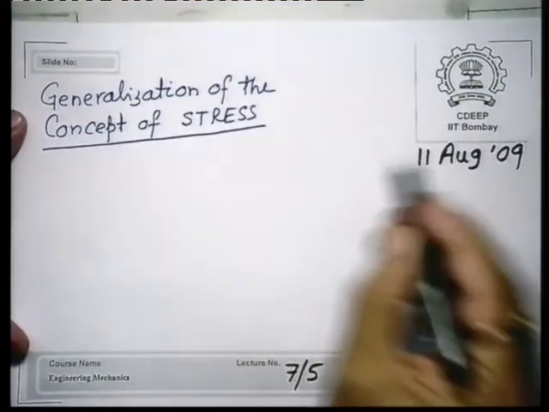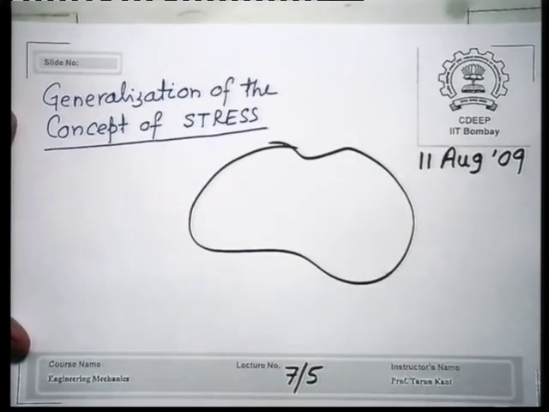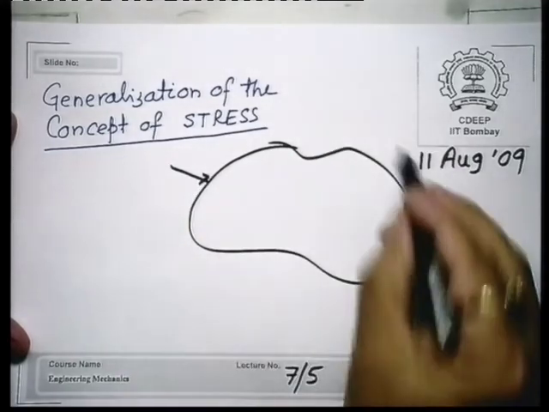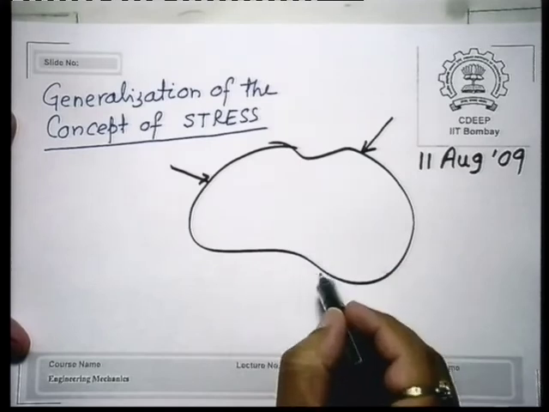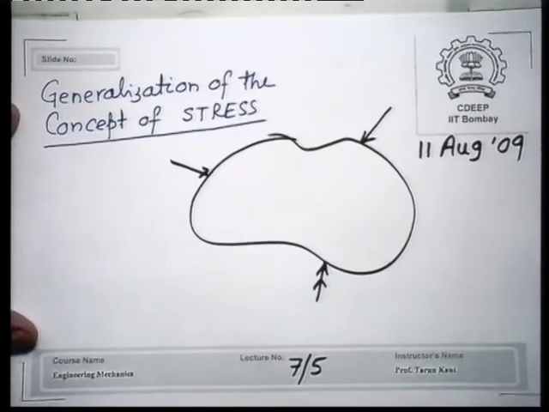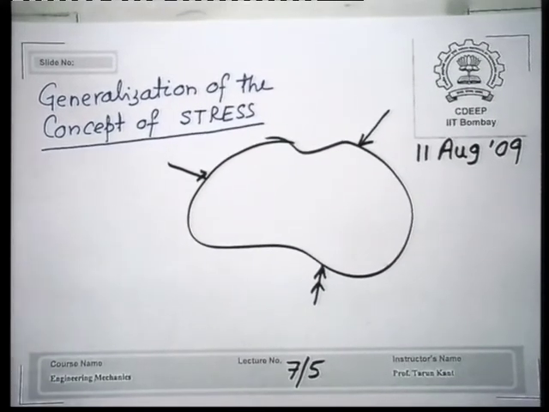So, if you have a general body, now I will generalize. I am just saying a general body of any shape and size. First it is stress free, then I apply forces, and these forces are keeping this body in a state of equilibrium, means the net force is 0. Newton's second law is applicable, there is no acceleration.